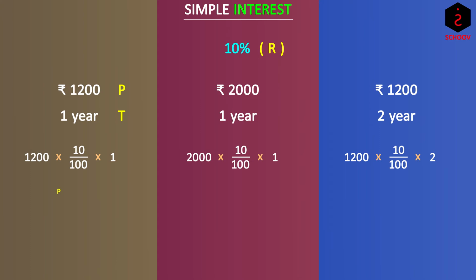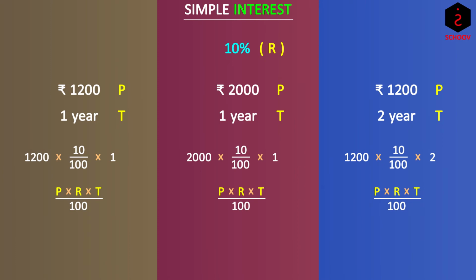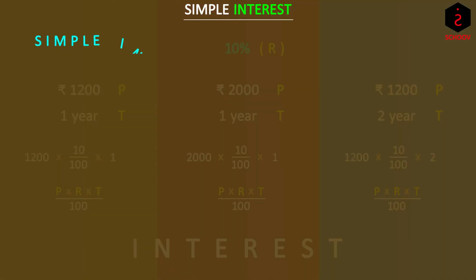So, P into R into T upon 100. Same as with the other 2 cases. This is how we calculate the extra money, and this extra money is called the interest. And that was all about the extra money. It is actually called simple interest or SI.